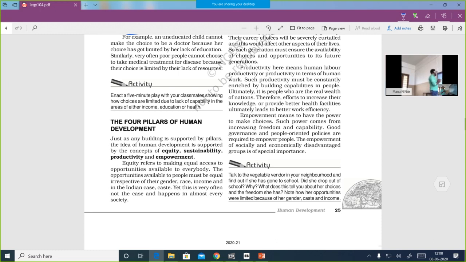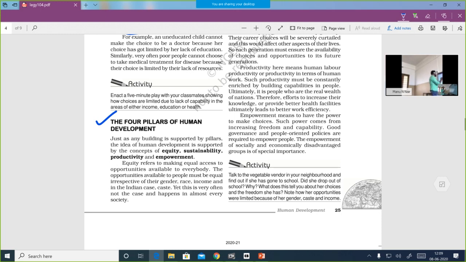Okay. So the 4 pillars of human development. Just as any building is supported by pillars, the idea of human development is supported by the concepts of equity, sustainability, productivity, and empowerment. So this is very important. This section is very important. The 4 pillars of human development.